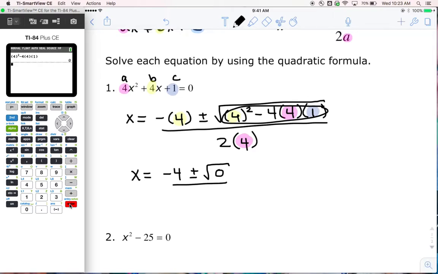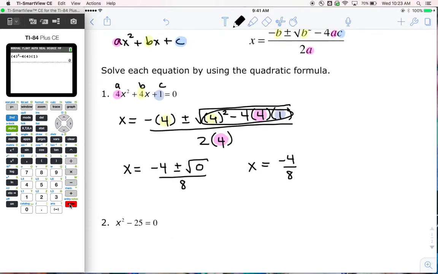And then all over 2 times 4, which is 8. Well, let's think about here. If we're writing 0, we don't really need to write 0, so this becomes x equals negative 4 over 8. We don't have to worry about any of this, right? Plus or minus 0, that doesn't make sense. And so my final answer here is just x equals negative 4 over 8, which is negative 1/2. All right, just negative 1/2.